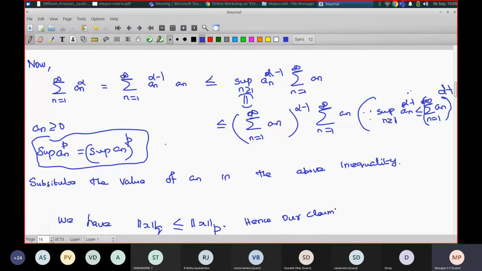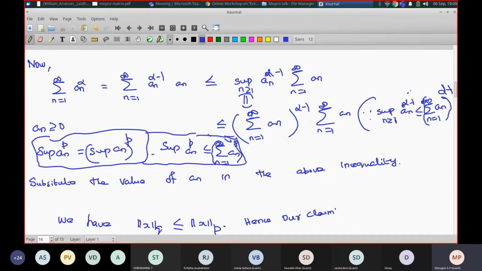Using this equality, and the supremum quantity is always less than or equal to the summation quantity, it is less than or equal to the whole power. Because using this you can get this.